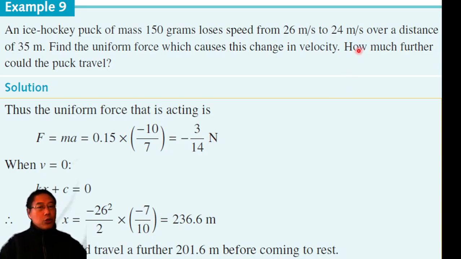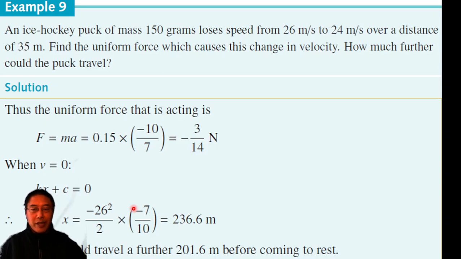Now, to answer the part, how much further could the puck travel? The trick here is that the velocity will get to a full stop. That gives us a velocity equal to 0. We substitute into the velocity expression, just use that notation, half v squared equals kx plus c. We know the values of k and c. We make x the subject.